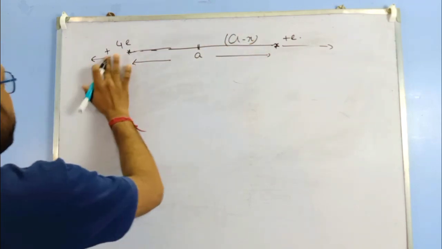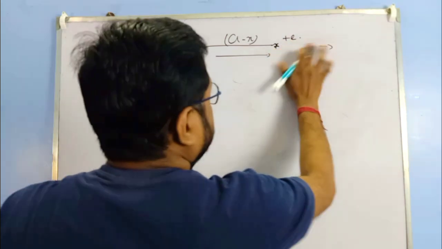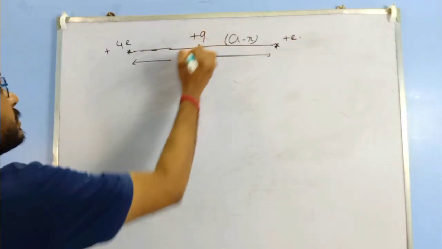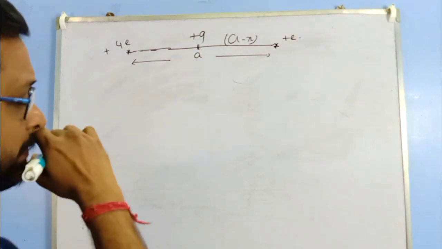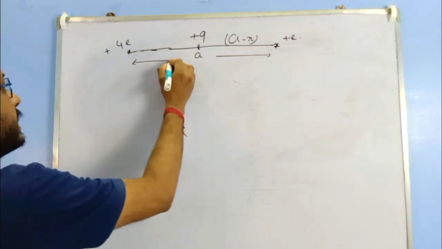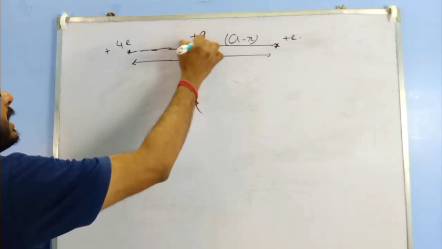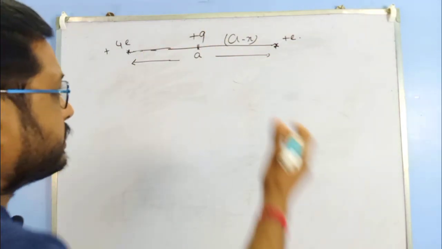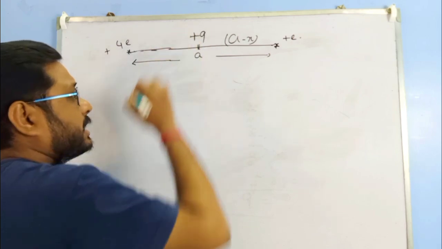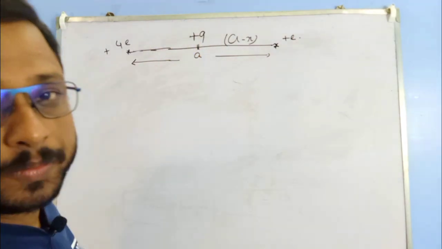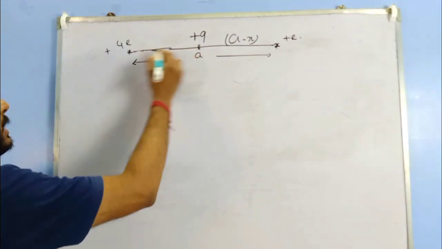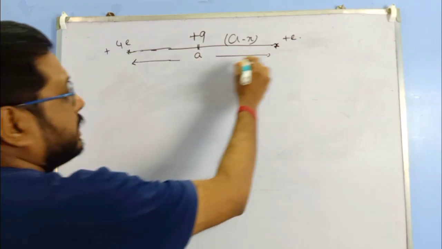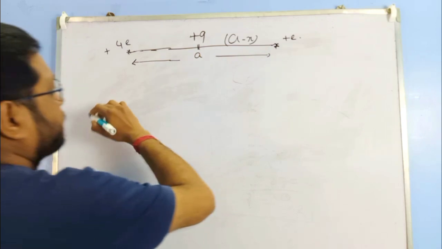But we have to keep these two charged particles in equilibrium by the third charge small q. We assume that this charge is plus q. So the repulsive force between 4e and q must be equal to the repulsive force between e and q.